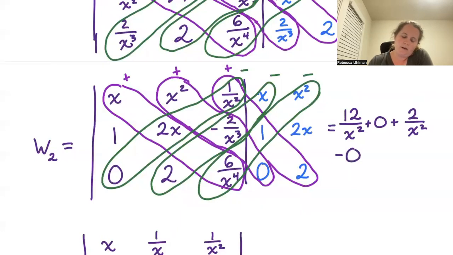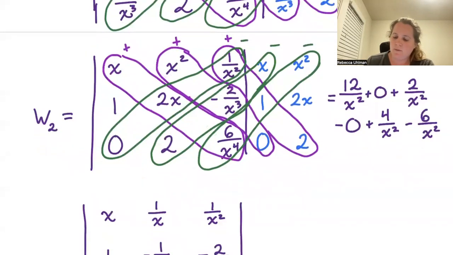Then we are subtracting off x times negative 2 over x cubed times 2. Would be a negative 4 over x squared, but we're subtracting, so that becomes plus 4 over x squared. And then last backwards diagonal, we are subtracting off x squared times 1 times 6 over x to the fourth. So this is subtracting 6 over x squared. The 2 over x squared plus 4 over x squared minus 6 over x squared all cancel each other out, and we just wind up with 12 over x squared.